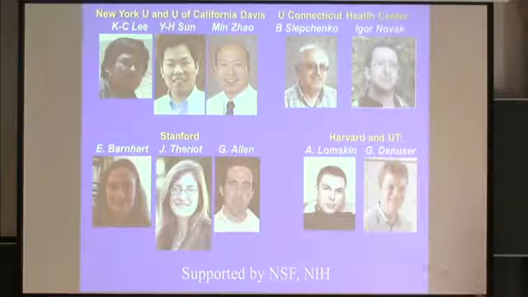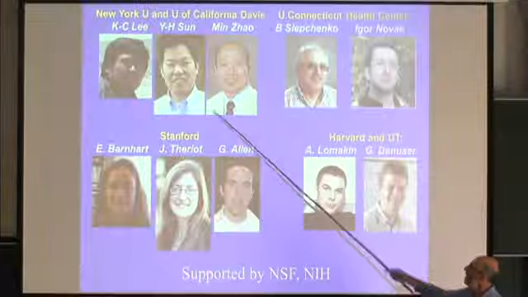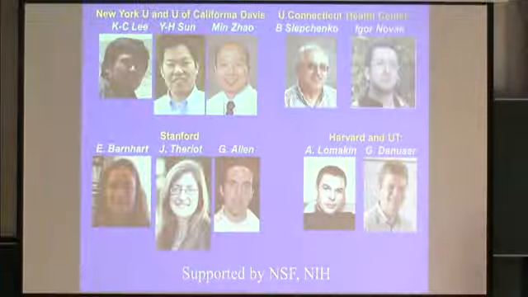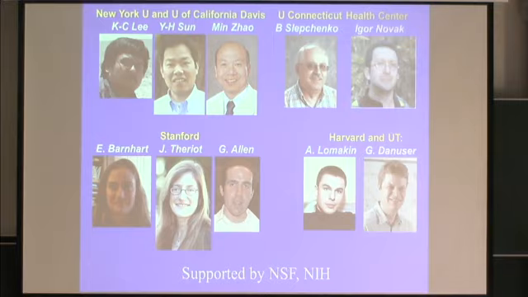The electric field experiments were done in my joint lab with Min Zhao, and Hui Sun was the one who was making it. The free boundary numerical work we did with the help of the UCHC team. And the last project was done together with the Danuser Lab. Alexis Lomakin is the one who did most of the experiments. So this will hopefully come out soon in Nature Cell Biology. Thank you.